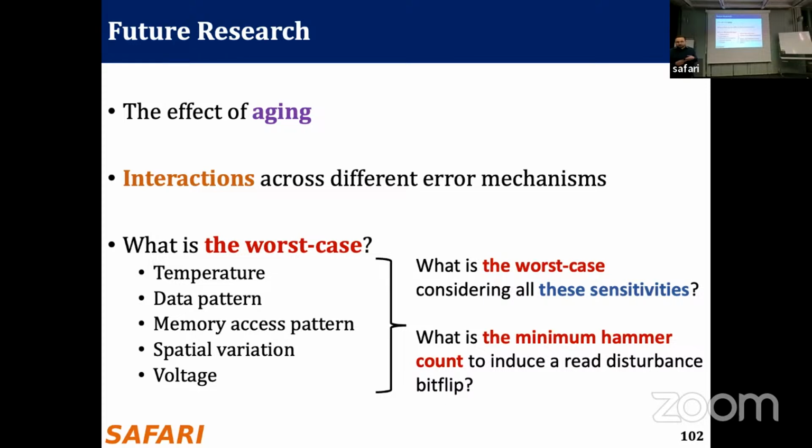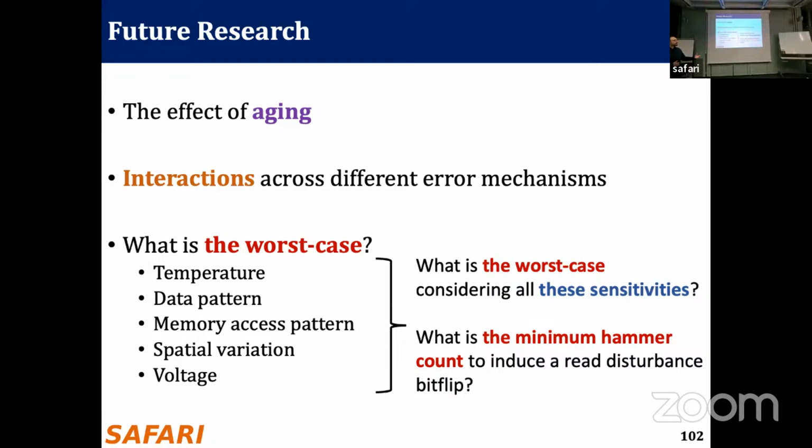And it's also not clear what is the minimum hammer count to induce the read disturbance bitflip. And this is important because it is used as an input for your solutions: you get this as a threshold value for the activation count, and then you configure everything of your solution based on this value.